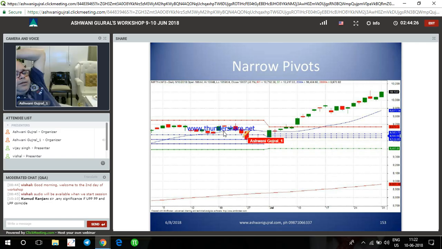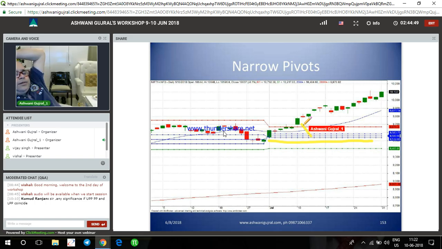These are 60-minute pivots. Why? Because as you can see, in July you have different pivots than you had in June. But once they are formed, they are the same. What is our theory?